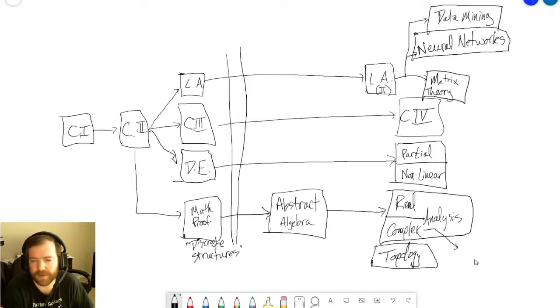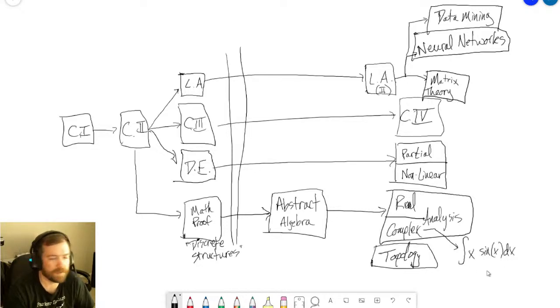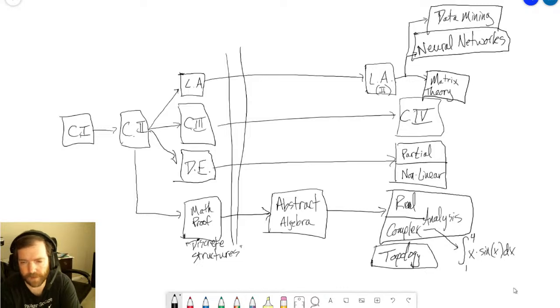But complex analysis was like, okay, we're going to take the integral of some weird thing, like x sine of x dx, and say, okay, this from 1 to 4 is going to do this. Nope. It's going to do this thing. I think, right? Yeah.